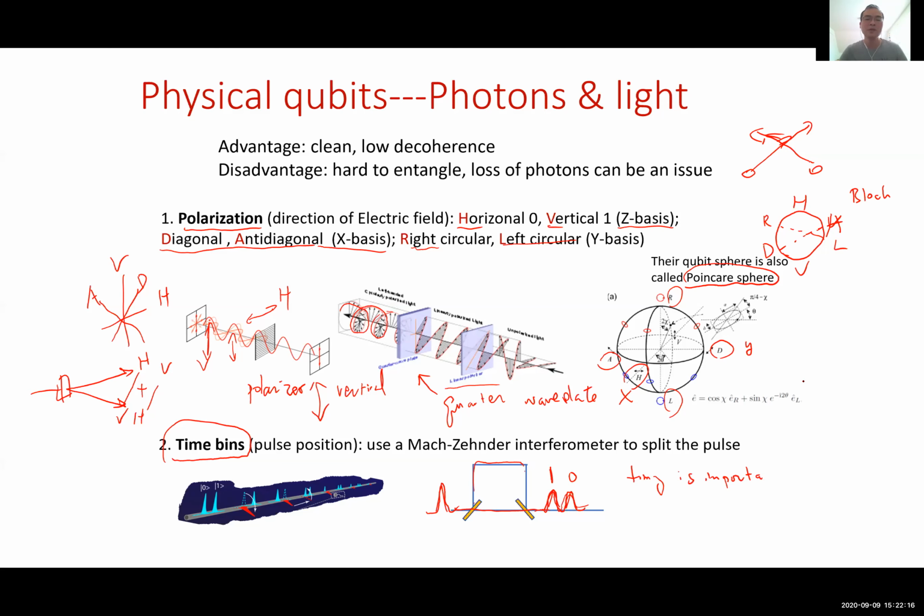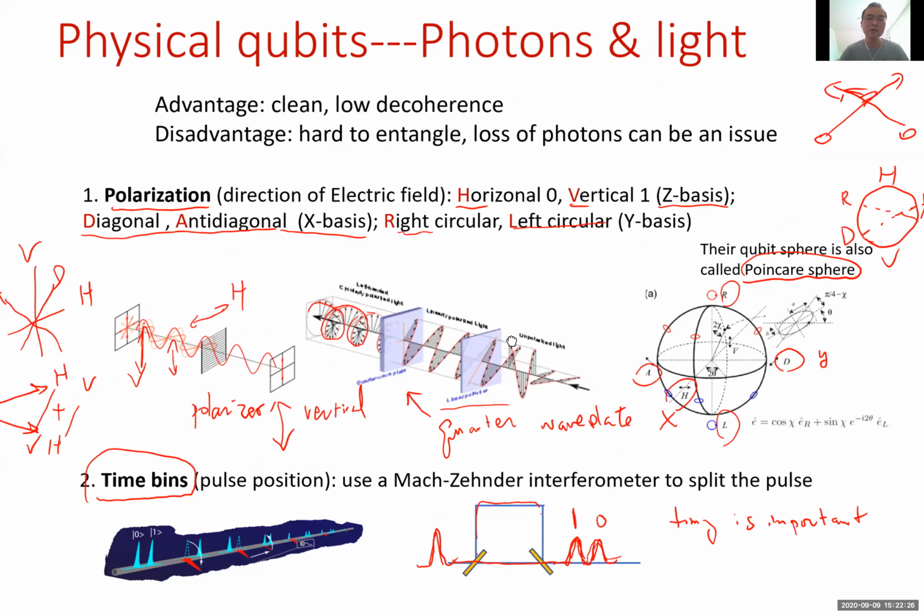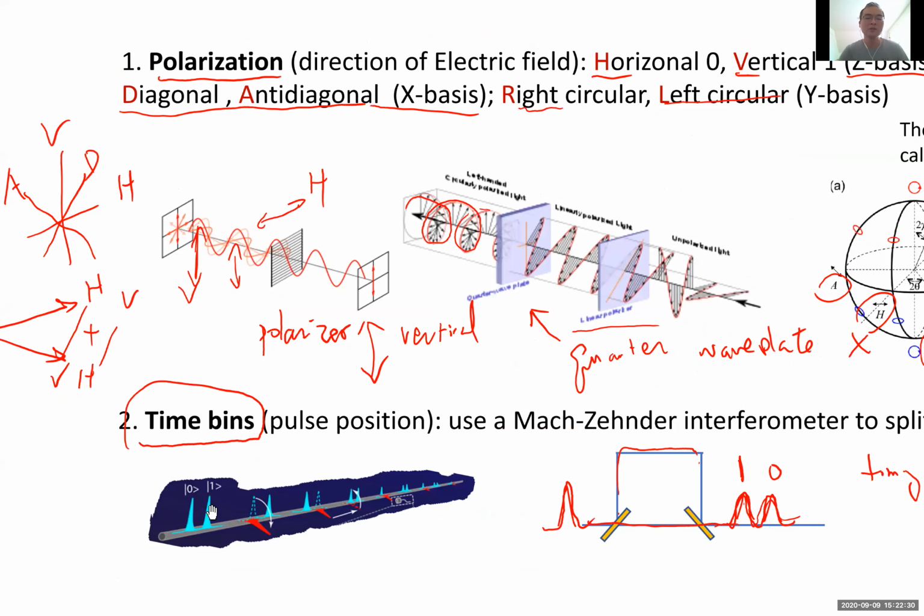Okay, and you could also combine, for example, you might combine the polarization. So this pulse, not just a pulse of photon, but also has a polarization degree of freedom.